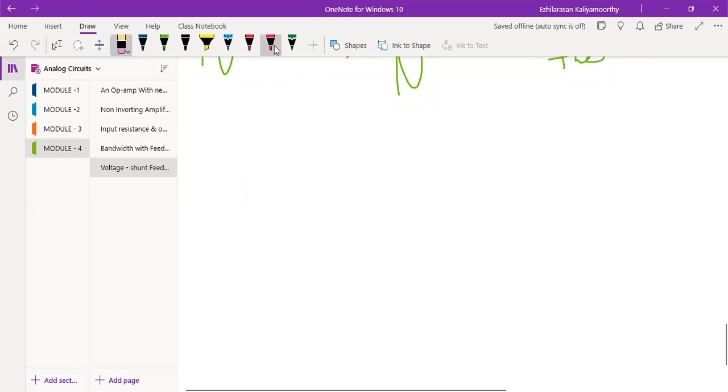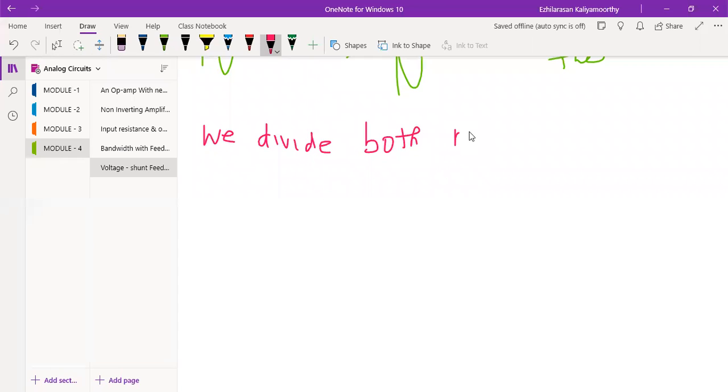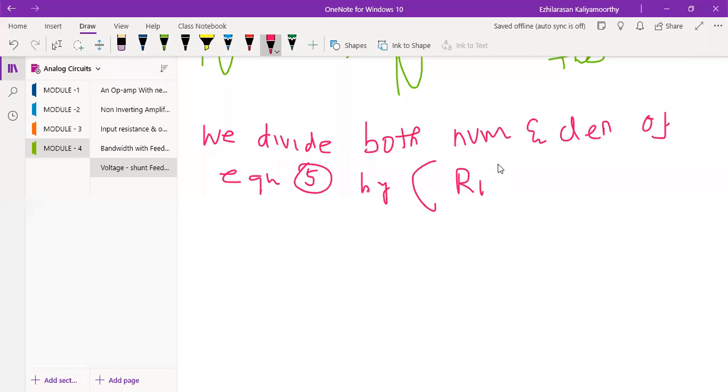To begin, we divide both the numerator and the denominator of equation 5 by R1 plus RF. Is it clear now?